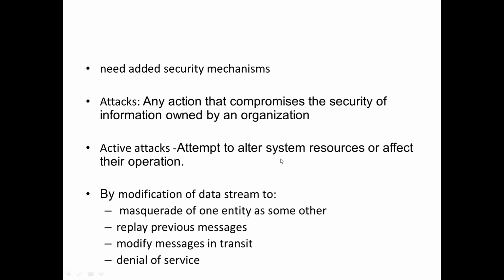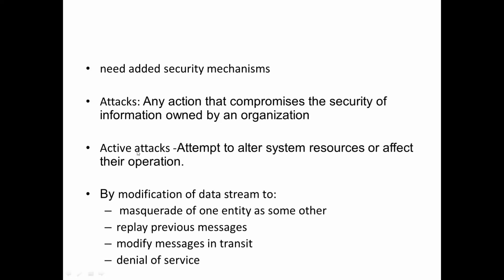Attacks that attempt to alter system resources or affect their operation are called active attacks. Whereas a passive attack just monitors in the background. There is no attempt to alter or change any data being transmitted between the entities.